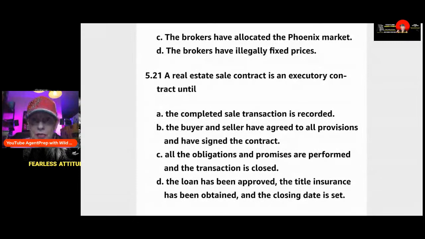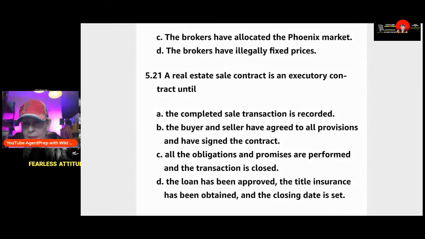Prior to closing, during the process that it's in escrow at the title company with the escrow agent or at an attorney's office, and the inspections are being done during the option period, and the buyer's credit is getting final approval by the lender, or it may be cash. And then the appraisal, there's a loan, the survey, then they go to the closing table. And at that point, it's considered executed. It is no longer an executory.